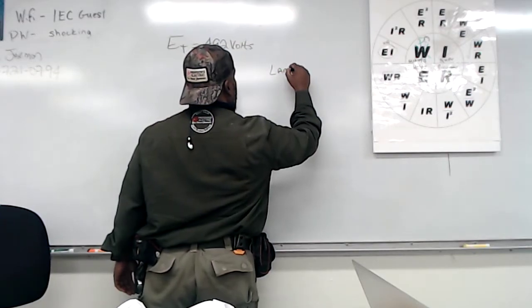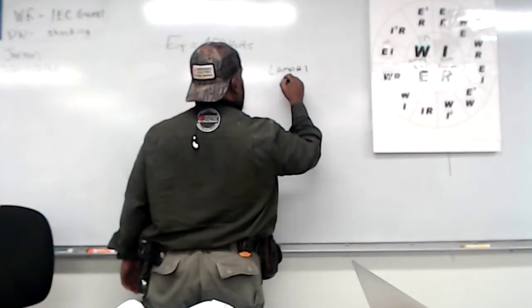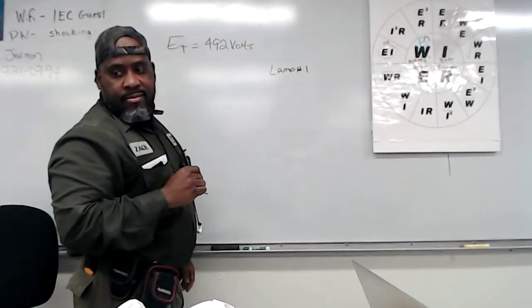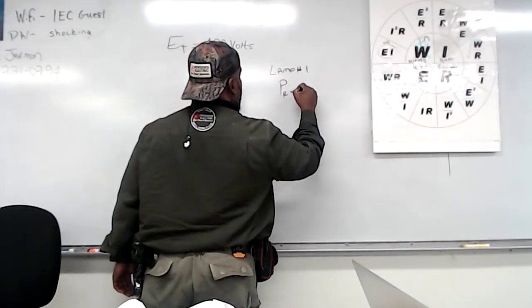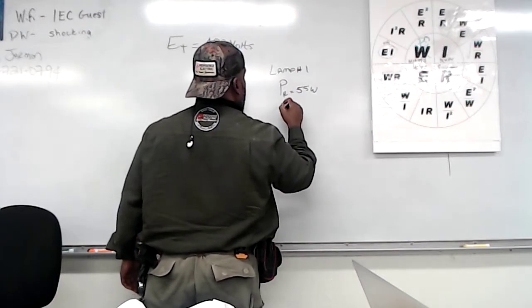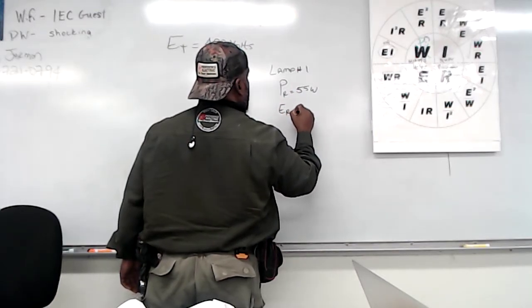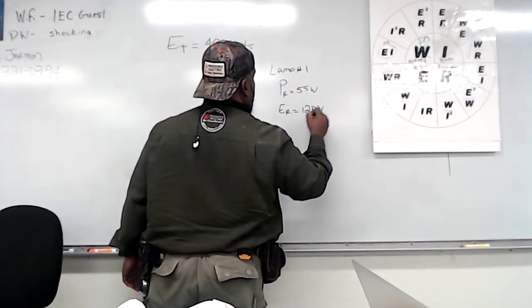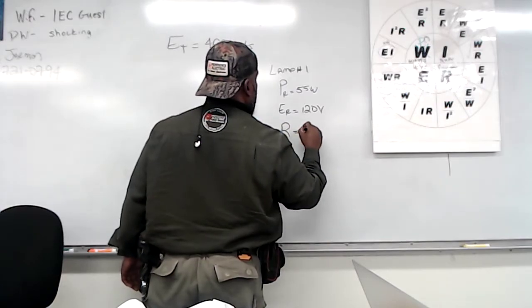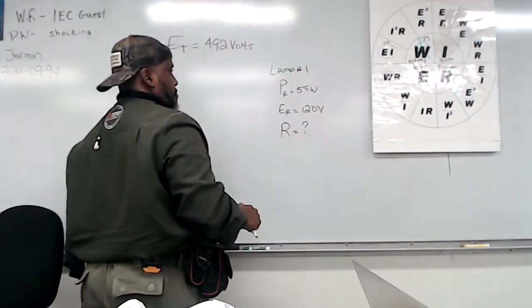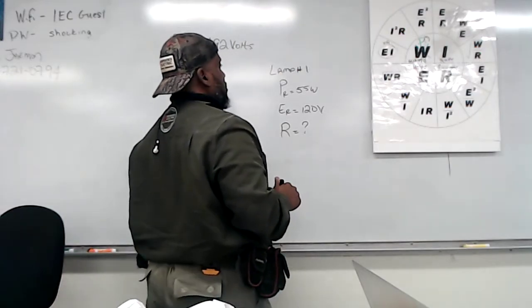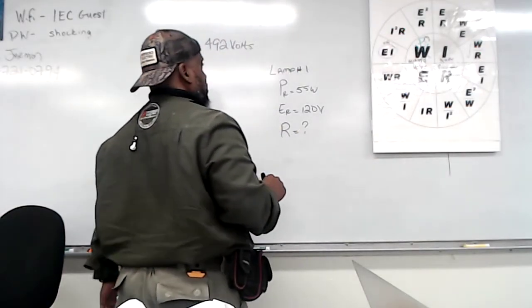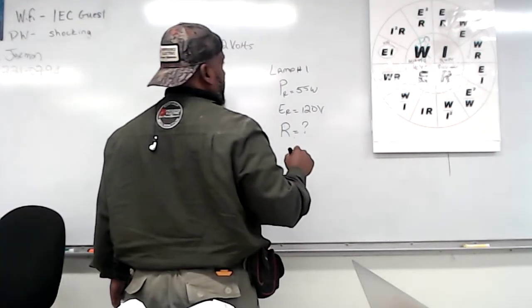So lamp number 1 says the rated power is 55 watts and the rated voltage is 120. So we find the resistance of that.